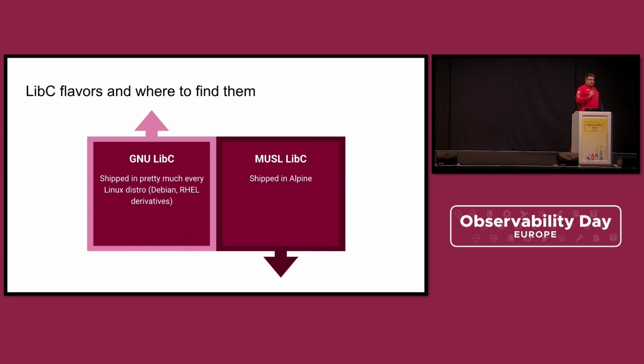There is the GNU libc, also known as glibc, which is used by pretty much everybody, every Debian derivative, like Ubuntu, Mint, whatever, RHEL and its derivatives, CentOS, pretty much everything else, and then there is Alpine Linux with musl libc, which is a very cool version of a libc, but it's different.